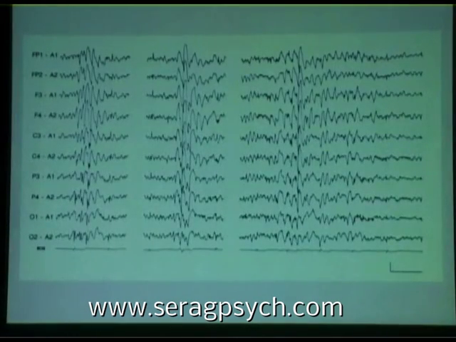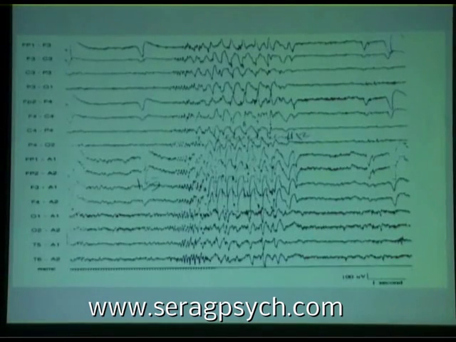Next, please. And you can see, though, that if you do a recording long enough, you're going to see what you're looking for eventually, these bursts of high theta activity with intermingled spikes. So anyway, next, please. And here's an example, by the way, that the photically elicited polyspikes often have a morphology that's different than the spontaneously occurring spike waves.